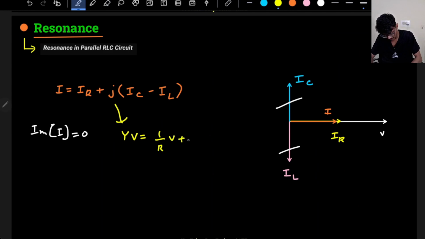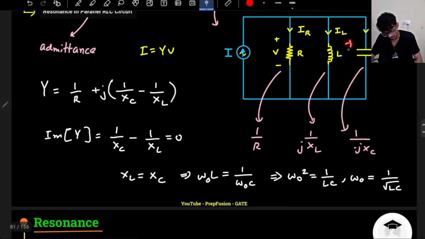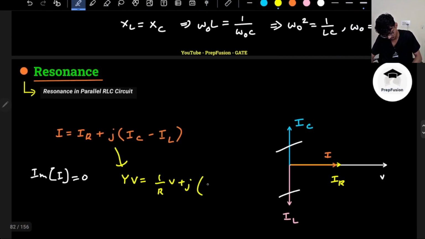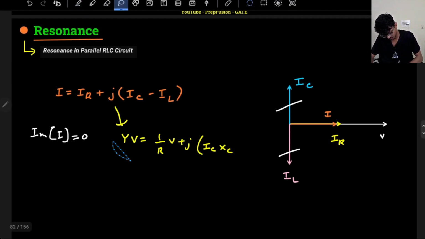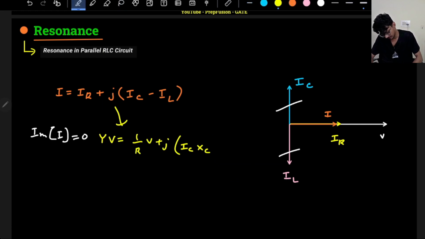into V plus j. I will replace this IC with its own conductance and voltage. Voltage is same. So not IC into XC, sorry, V into 1 by XC basically, and this will be V into 1 by XL.